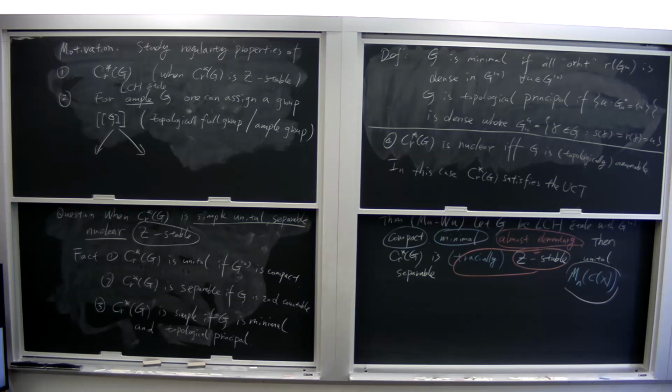I believe this comes from Renault, but I'm not sure. This name, we are not the first to use it. They call it elementary groupoid. So then, of course, as I said, you can consider a collection of multisections.